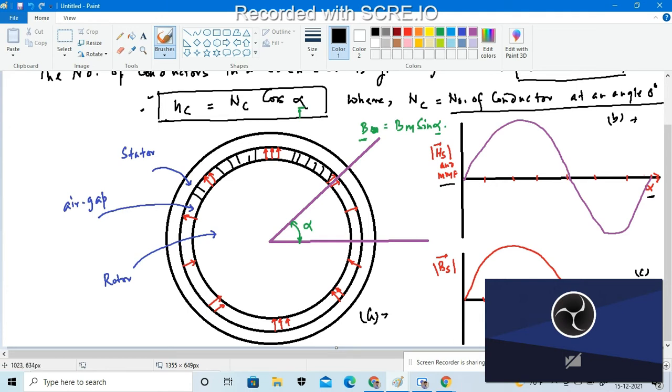So for a simple design, the designer will always include an equal number of conductors rather than varying the number of conductors per slot. So the winding of a different type will be arranged, which will have a much stronger higher order harmonic component than the winding design aspects.